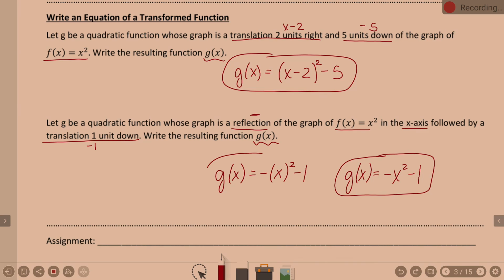I am perfectly fine with this answer. I never know about Savas. Okay? So could I possibly see Savas not liking the parentheses there? I could. They totally mean the same thing. I get it. But I could see them not liking it. Now, if we had a left or right movement, we would have to have the parentheses. But without a left or right movement, we don't have to have the parentheses.